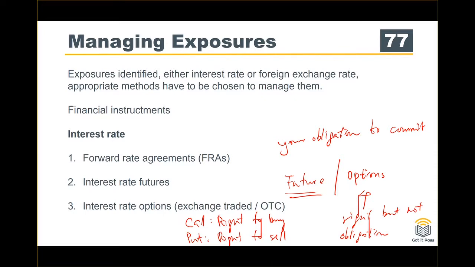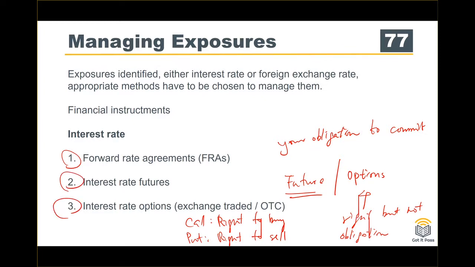Remember, the underlying asset of interest rate options is the interest rate futures, with no obligation to carry out the contract. Okay, OTC means over the counter. Over the counter interest rate options give the rights to future interest rate. So here we are talking about three instruments: forward rate agreement, interest rate futures, and interest rate options.